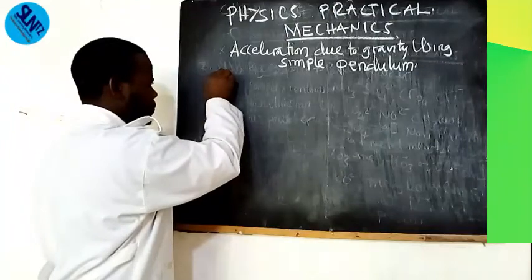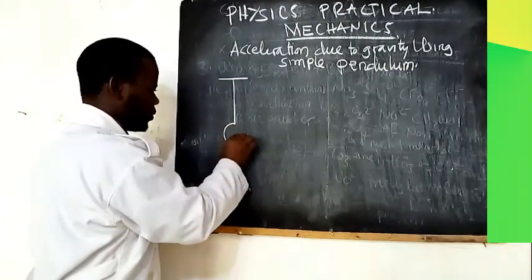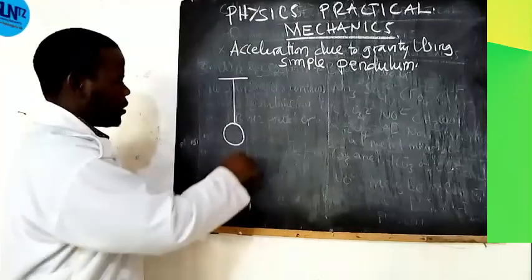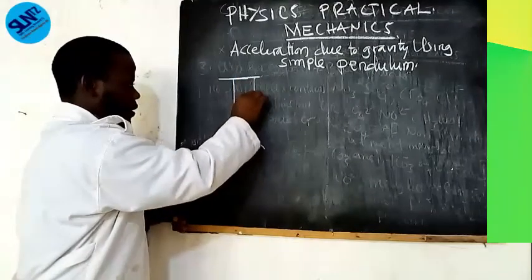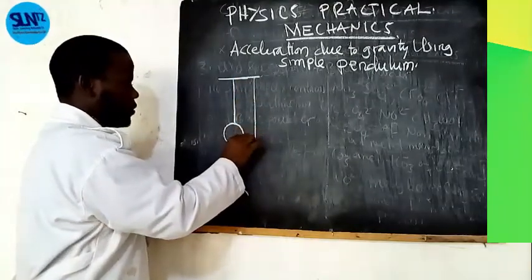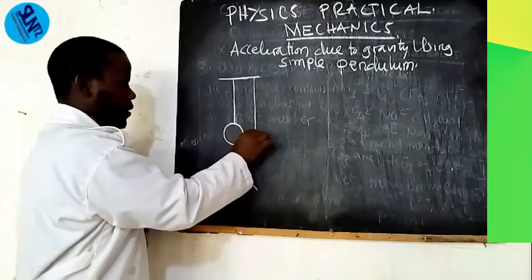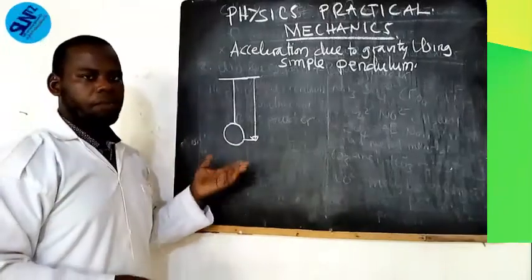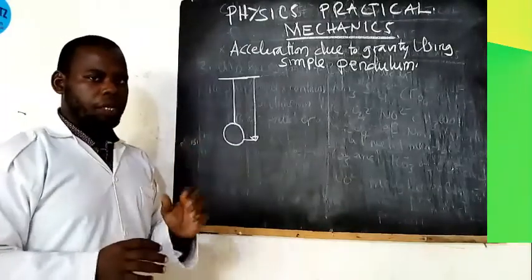This is pendulum motion. It means the length up to the center of gravity, up to the center of the pendulum, that is, you record your length by using the meter rule.